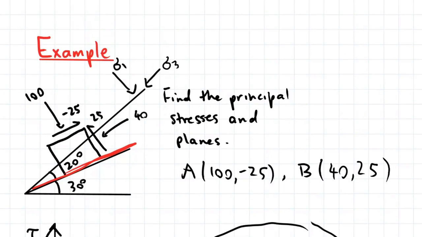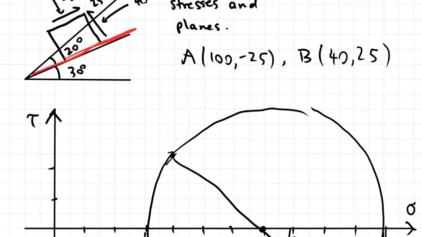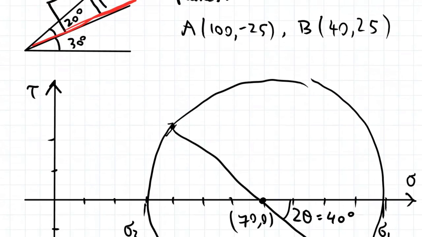And while we're at it, we might as well find the pole for this Mohr circle as well. So if we look at this normal stress here, 40, which is acting on this plane, which is 30 degrees above the horizontal. If we go to our Mohr circle, this is point B here.